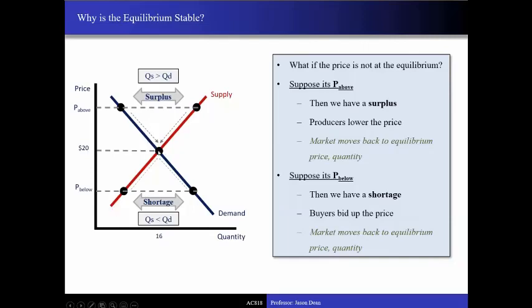And I forgot to mention, this is the only price at which the quantity demanded will equal the quantity supplied. So the center point is a nice happy point where the price is such that the firms are selling exactly what they're offering for sale. There's no surplus or shortage. Sometimes this is also called the market clearing price.